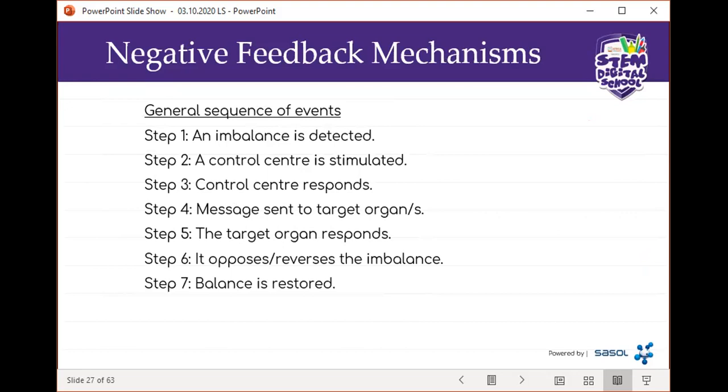The control center would respond to the stimulus. Then a message would be sent to the target organ. Remember, our chemical messengers in the endocrine system are called hormones, right? So the hormones are sent to the target organs, then the target organ will respond to the hormone, and it will oppose or reverse that imbalance. And then lastly, which is step seven, the balance would be restored.